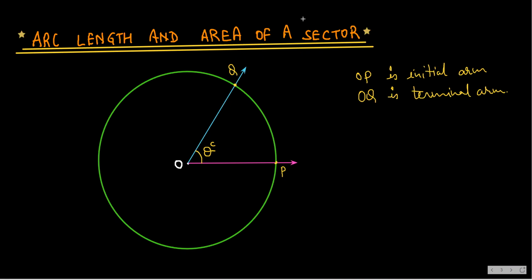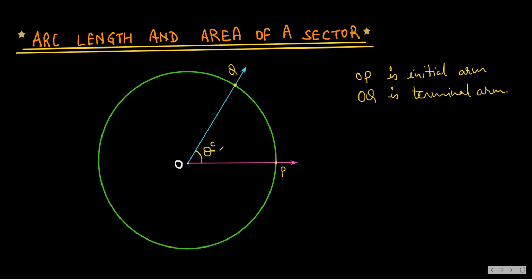I said that the angle made at the center is theta radian. I could have said theta degree, or I could have simply said theta, but I made sure that I write this angle in radian. So this is a very important condition that you all have to follow, that the angle is in radian.